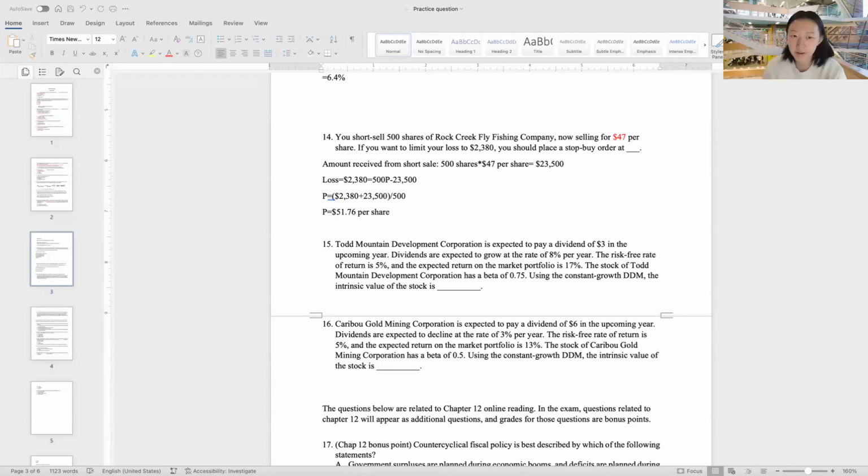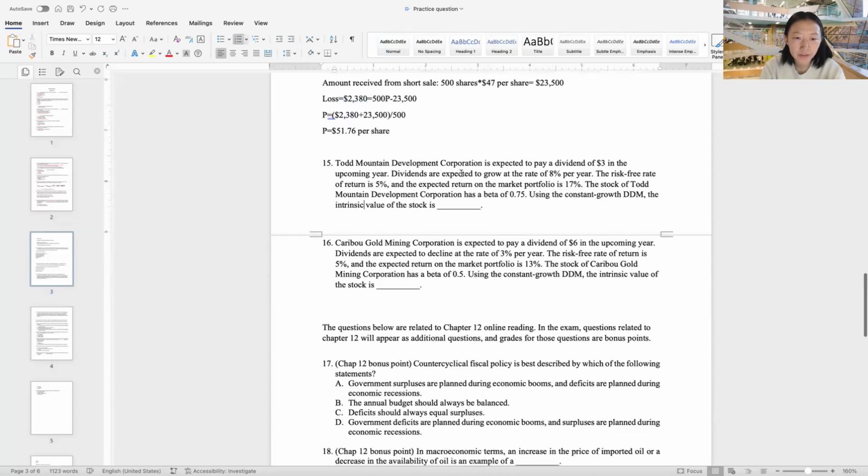So if something goes against their initial prediction, let's say the price goes up instead of down, then the short seller needs to pay $51 to buy the shares back so they have shares to return to the broker. Then they realize a loss of $2,380.